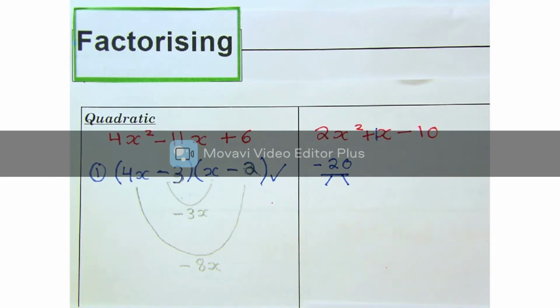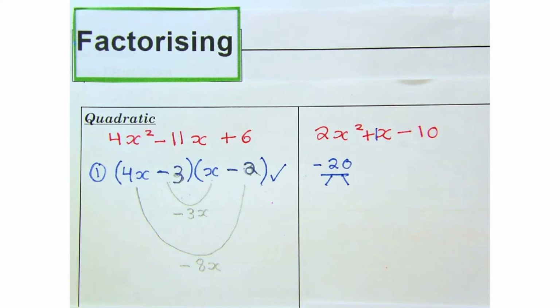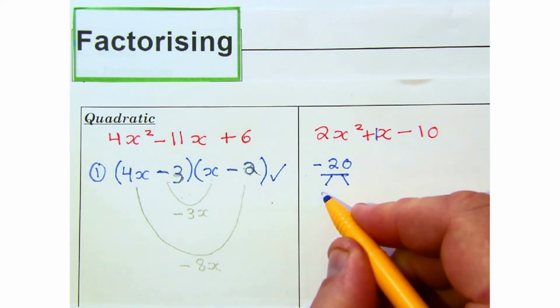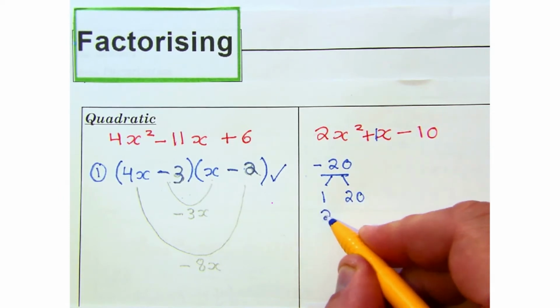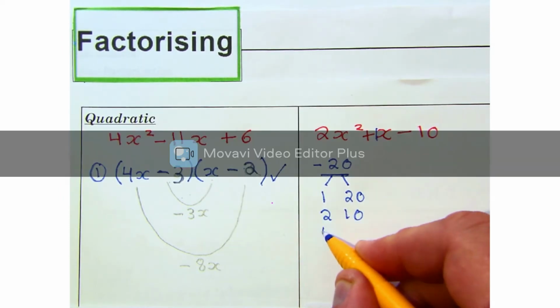Now, if you can do that straight away, there's no problem, just write it down. But if not, you write it down slowly. So it's 1 and 20, 2 and 10, 4 and 5.